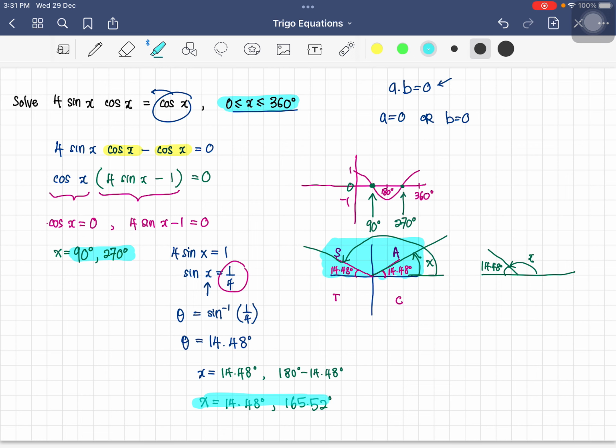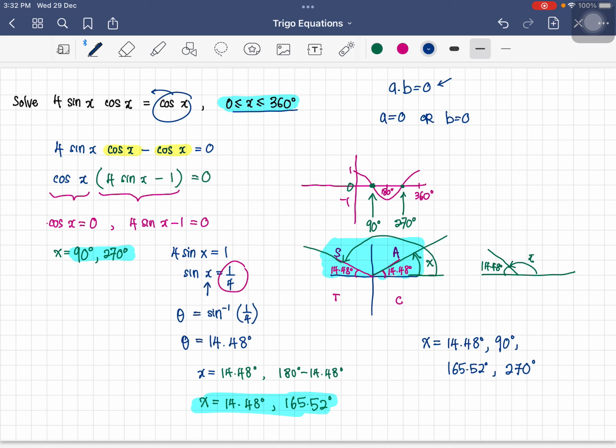The answers can be collected together. So x will be 14.48 degrees, 90 degrees, 165.52 degrees, and 270 degrees. So this is how you solve the trigonometric equations.